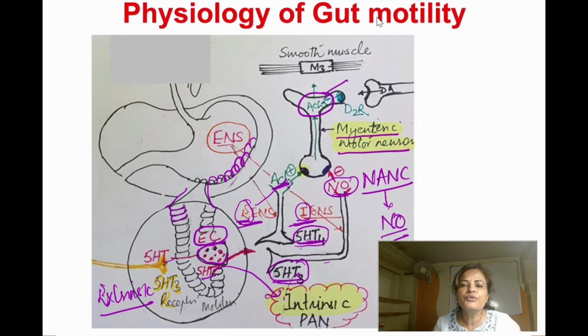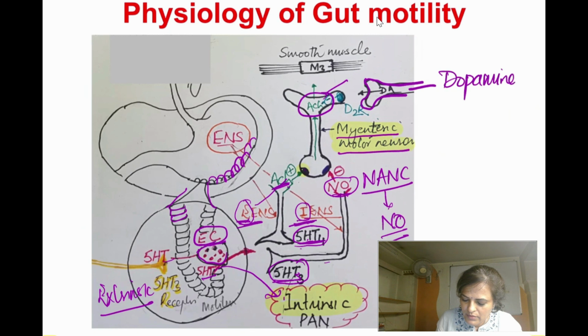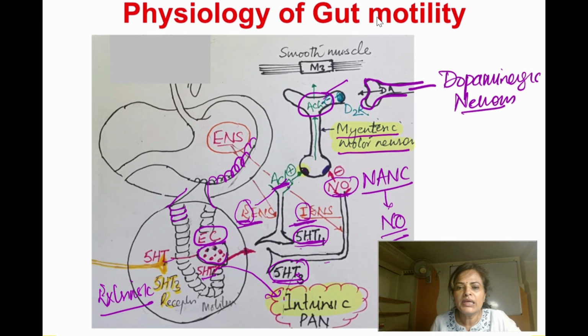Now there is another neuron which is making a synapse with this cholinergic myenteric neuron, that is a dopaminergic neuron. This is going to cause the release of dopamine, and how is that dopamine going to act?